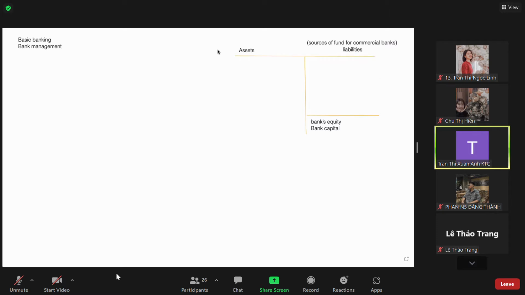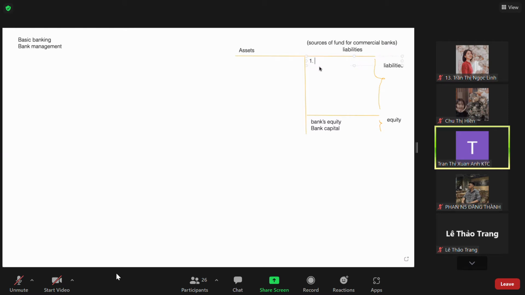In that sources of funds, we have the liability over here, the true, real liability, and over here is the equity. So it's more understandable if we call this sources of funds rather than calling the entire right-hand column the liability. That is one more thing I would like you to remember, because we will deal with bank management afterwards.